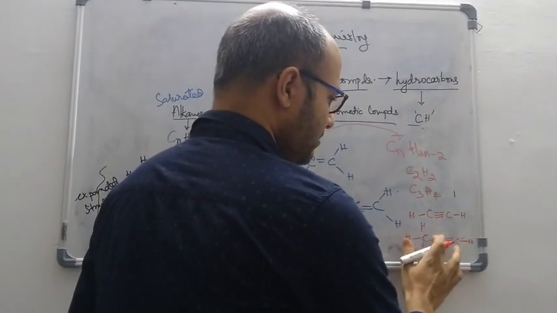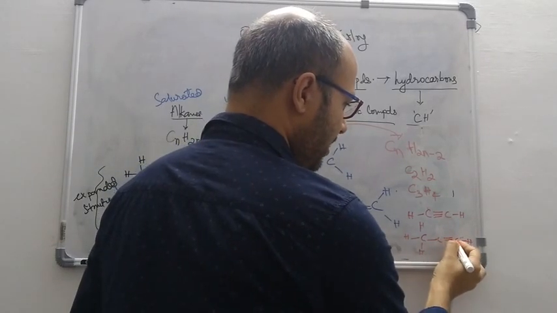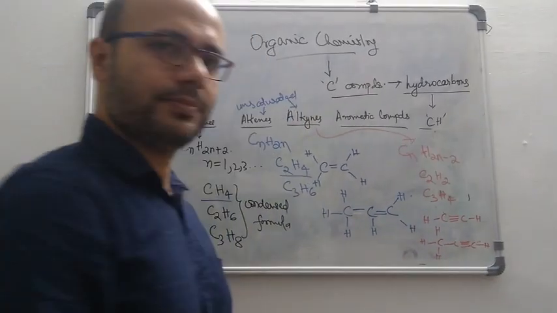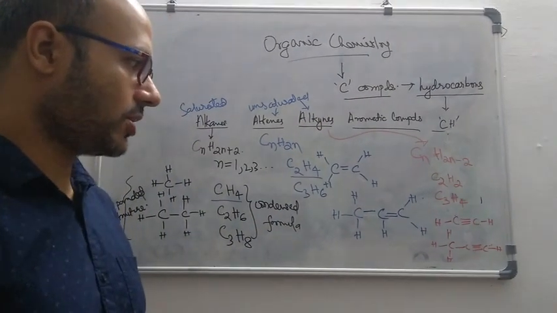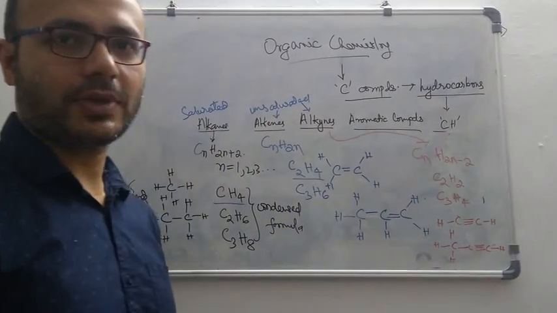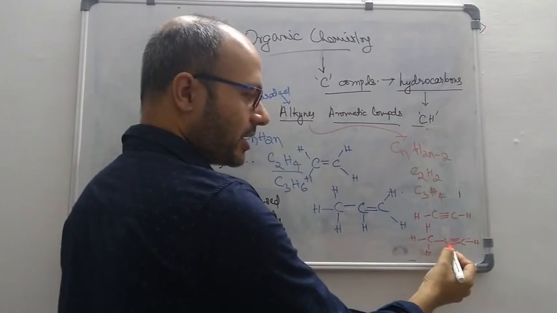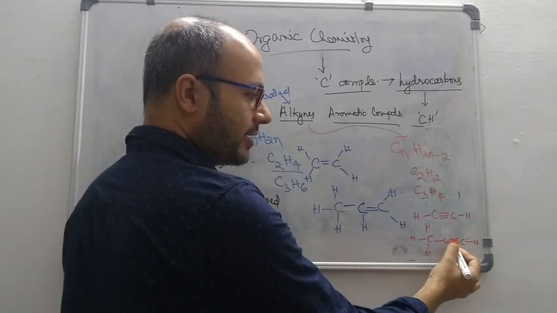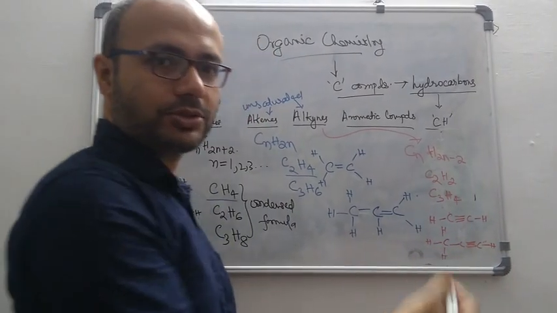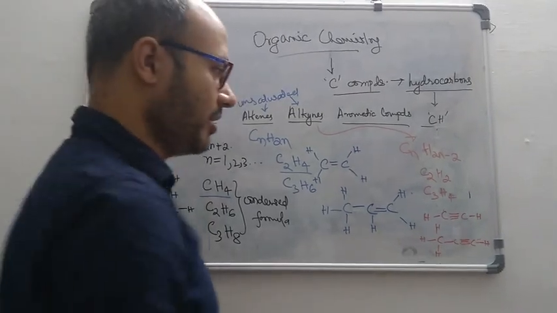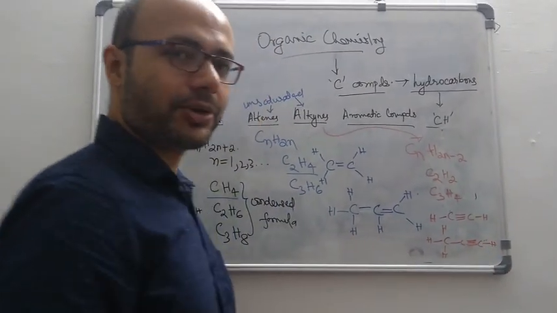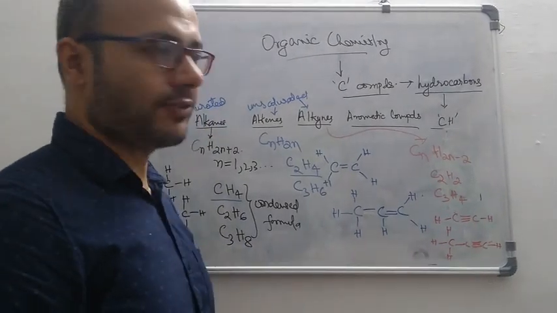Yeah, definitely I made a mistake, because it can have only 4 bonds. This has already formed 4 bonds. Got it? I made a mistake here because this is a triple bond. So 1, 2, 3, and 4. This carbon already has 4 bonds. You don't need to attach a hydrogen. Okay? And in this case, 1, 2, 3, one more bond is required. So you attach a hydrogen. So this is the formula.